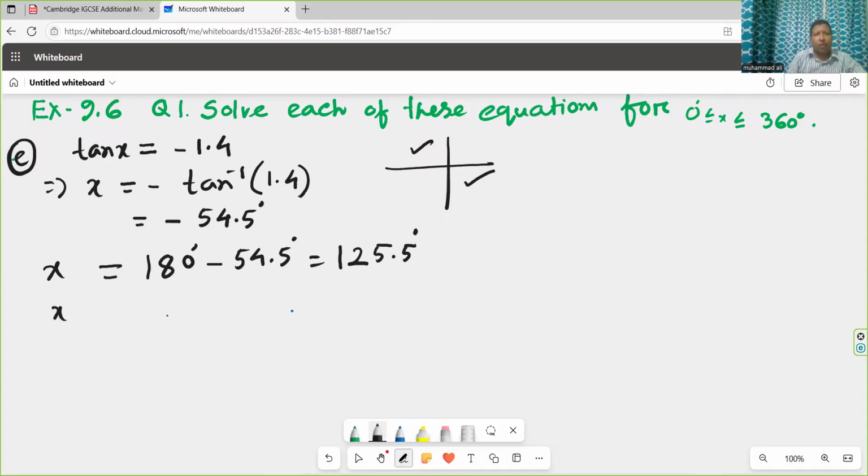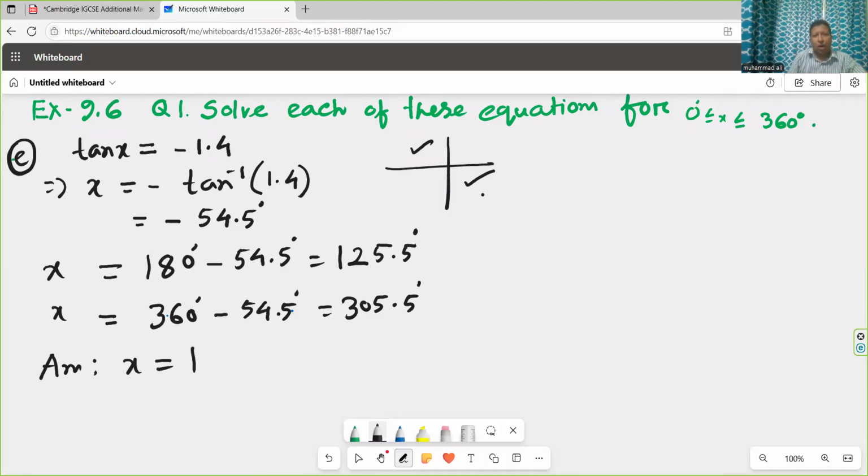Another value where tan is negative, in the fourth quadrant: 360 degrees minus 54.5 degrees, we will get 305.5 degrees. Final answer: x equals 125.5 degrees and 305.5 degrees.